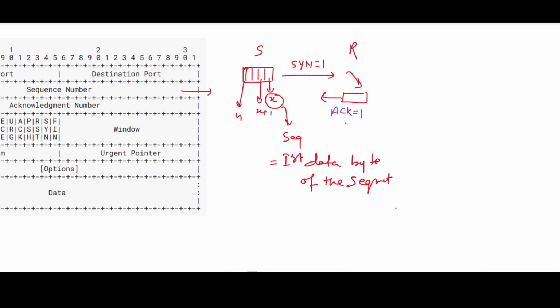Now what is the acknowledgement number? Here the receiver has received the segment and wants the next byte. So what will be the next byte? The ACK number is n plus 1.